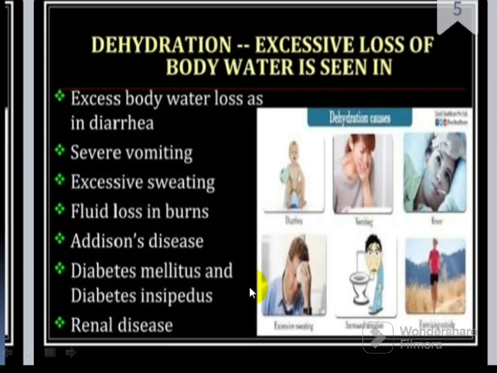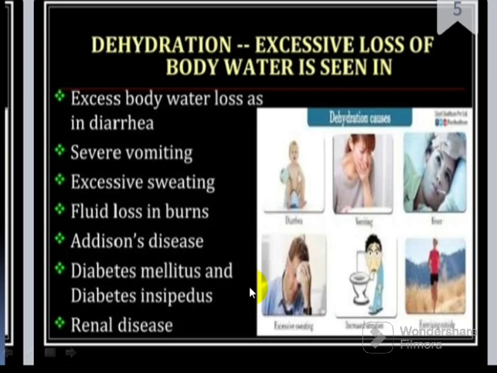Alright, when there is excess glucose in circulation, it means there is a problem with insulin, the hormone that moves glucose from circulation and stores it in the liver and muscles. So if you have diabetes mellitus, it means there is deficiency of insulin.